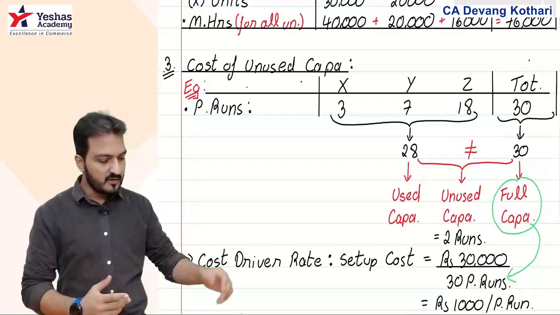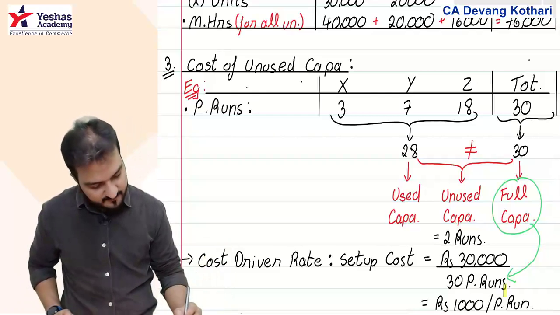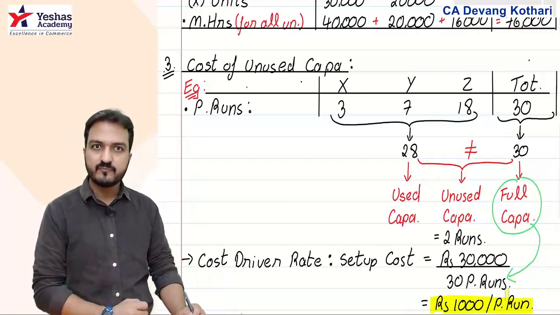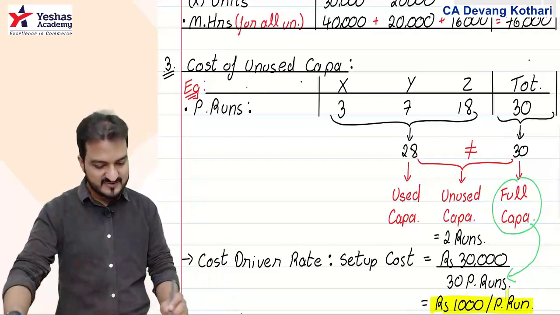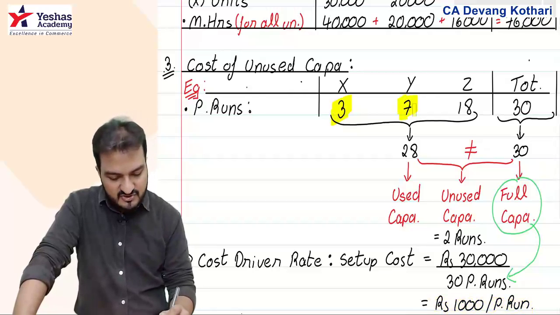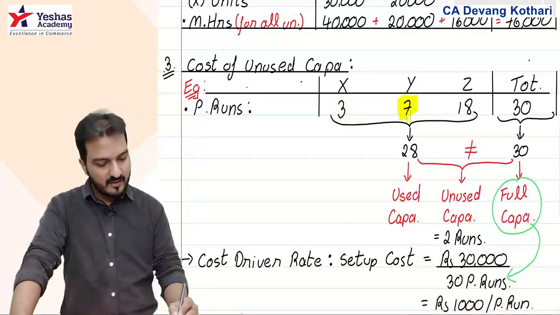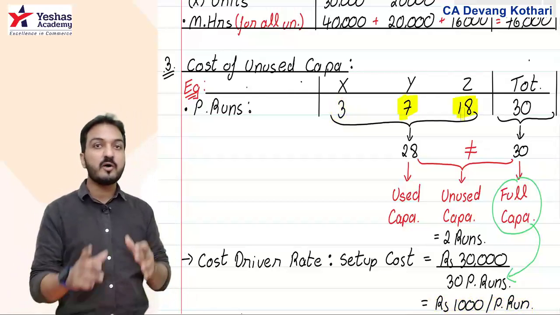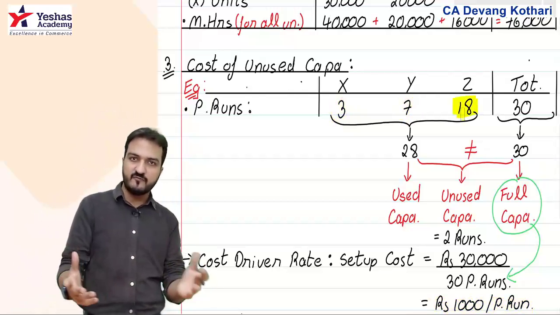You might say that if my absorption rate was 1000 per run, from which 3 runs cost is absorbed from product X, 7 runs cost is absorbed from product Y, 18 runs cost is absorbed from product Z. Absorbed means recovered.